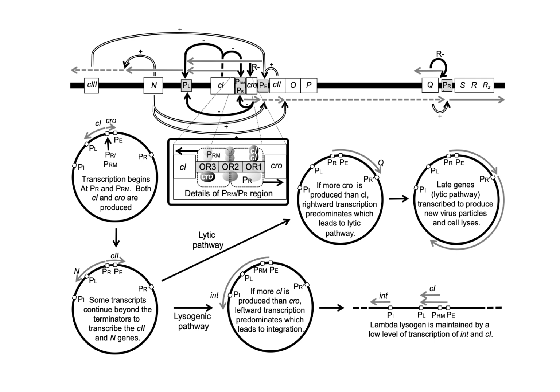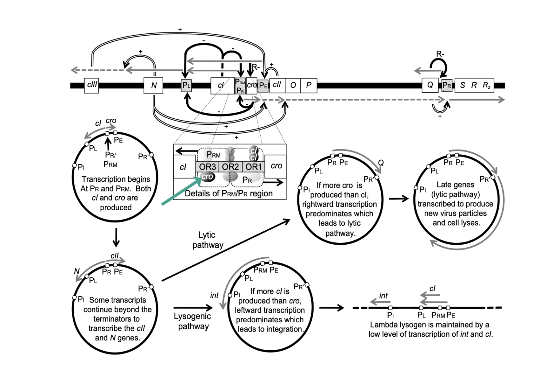And if you look in the center at that PRM-PR region, what you find is those two promoters overlap with one another, and they also have operator sites, OR1, OR2, and OR3. And CI and Cro actually bind to those regions, sort of in a reverse order.